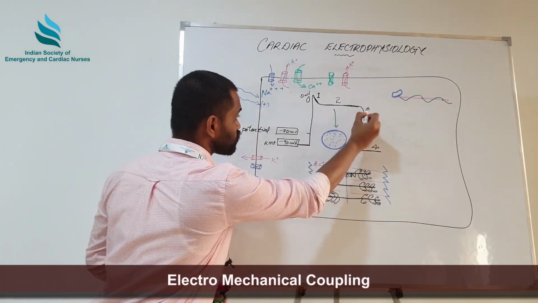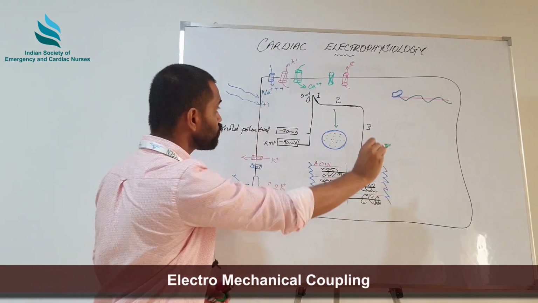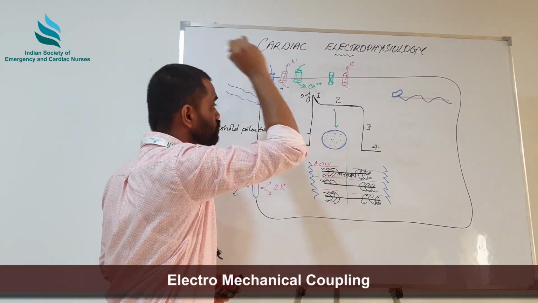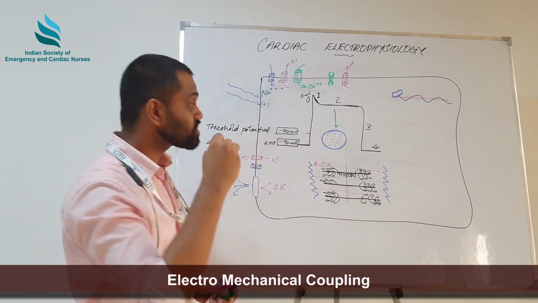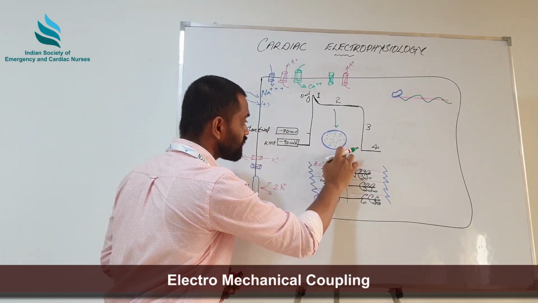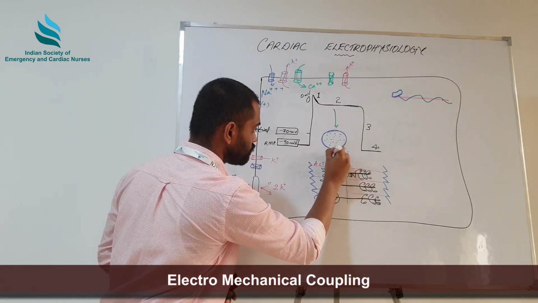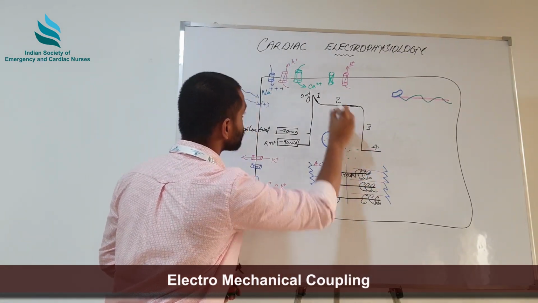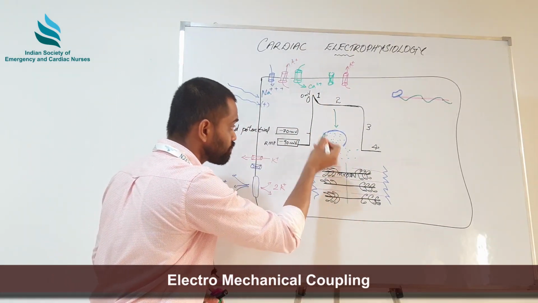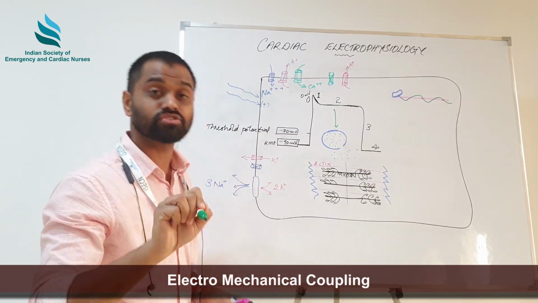So in phase 2, when the calcium channels are open, in the plateau phase, calcium influx happens, and the influx of this calcium will stimulate the sarcoplasmic reticulum to release the intracellular reserves of calcium.